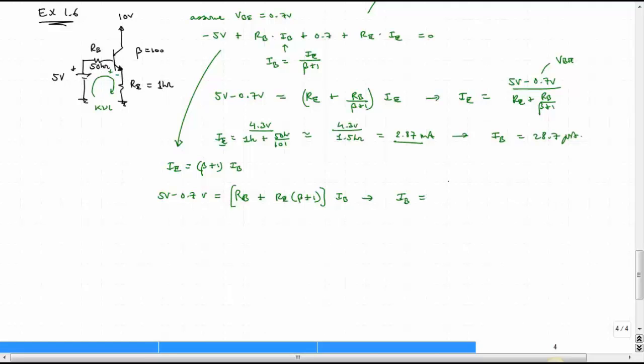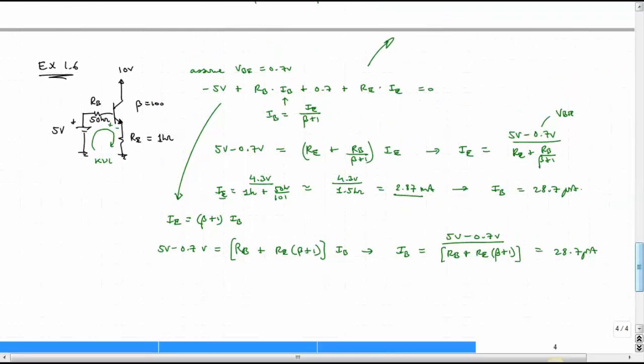IB then is equal to the net voltage in the loop divided by RB plus RE times beta plus 1. And we'd find this is equal to 28.7 microamps.